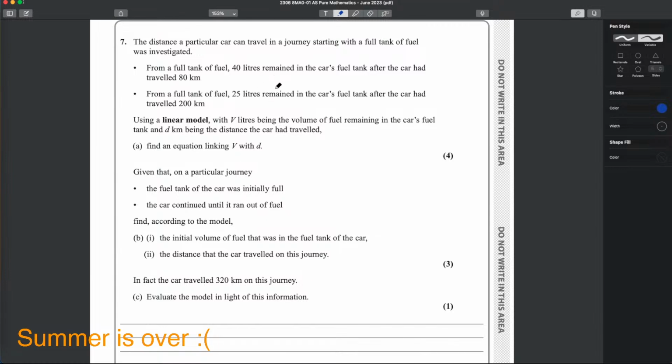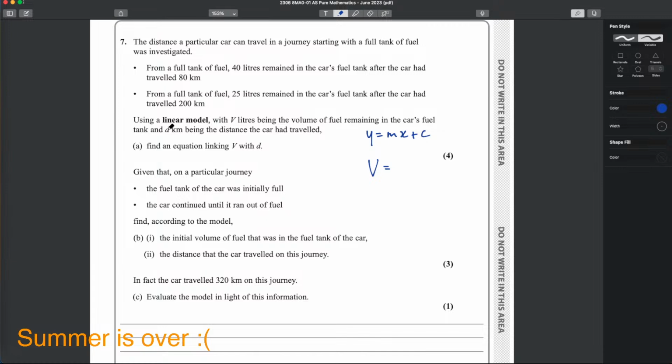So remember, the general form of the straight line is y equals mx plus c, c being the starting value, or the value when x is 0. What is x? V is y. V equals volume of the fuel.